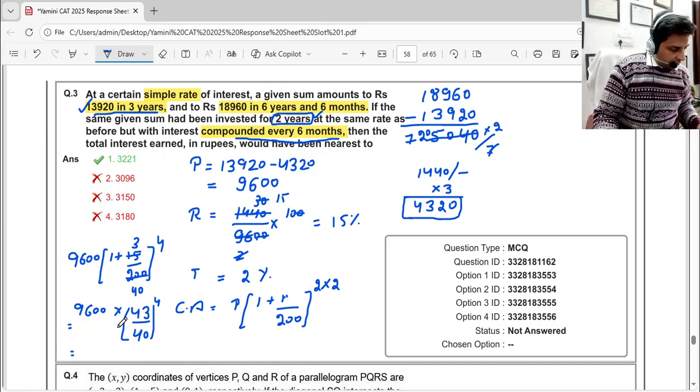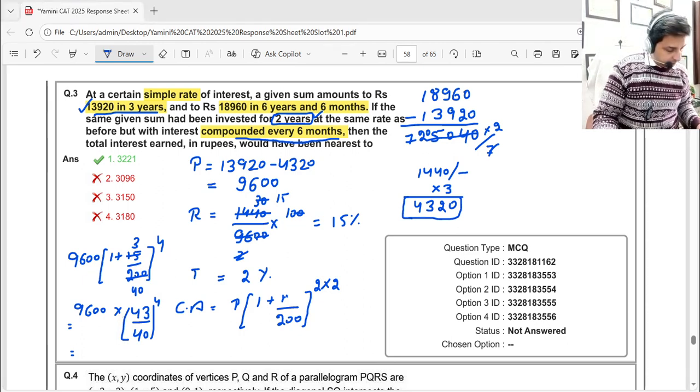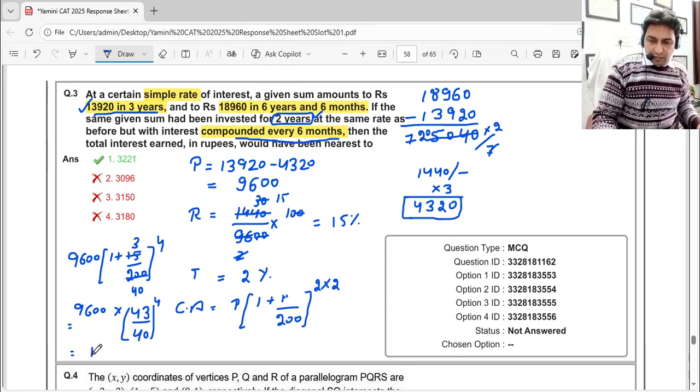So 43 by 40 raised to power 4 multiplied by 9600, it comes out to be 12821. So if this is the compound amount, minus the principal, that is 9600, I'll get the answer as 3221. That is the answer to my question.